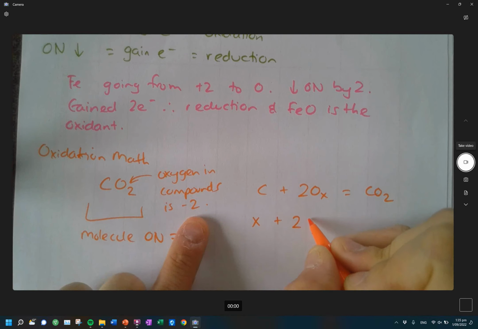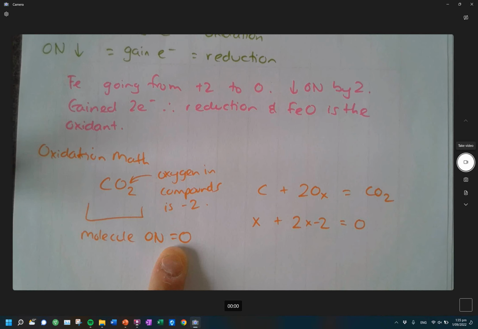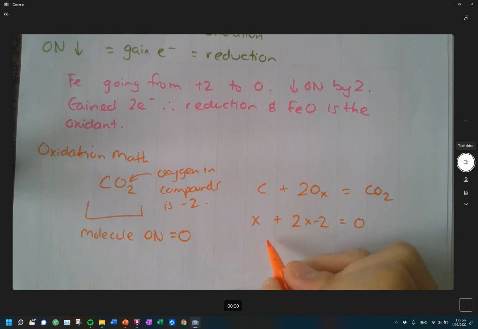Each oxygen is a -2, so I'm multiplying that by 2. And carbon dioxide as a compound is set to 0. So I have X plus 2 times -2 equals 0. X equals +4.